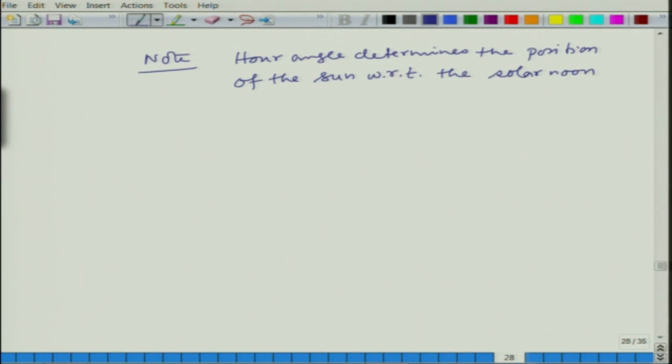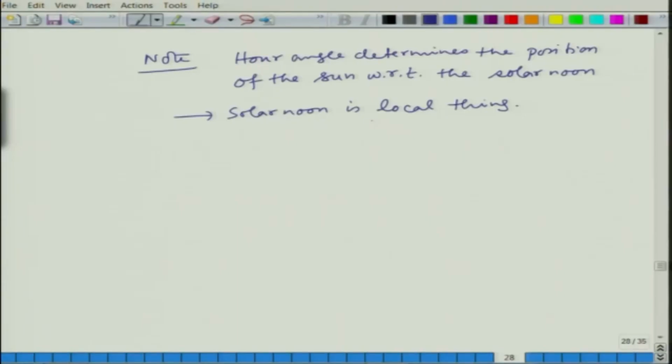So, that is fine, but solar noon is a very local thing, because we have seen that the solar noon is different at all the different points, that is why we had to take one standard latitude against which all the clocks will be calibrated. Okay. So, that local thing we cannot make something very generalized.